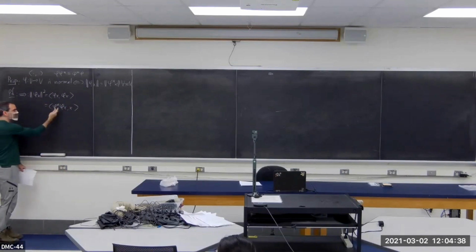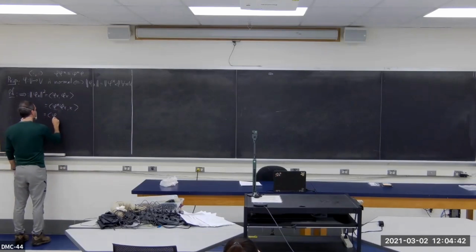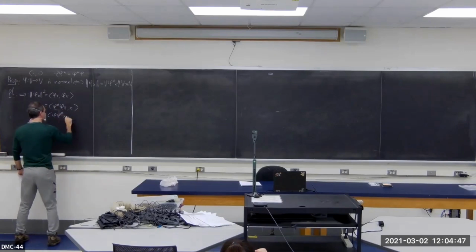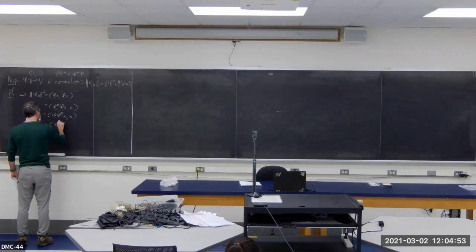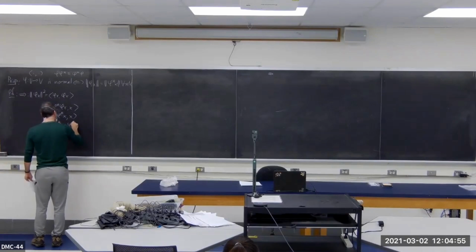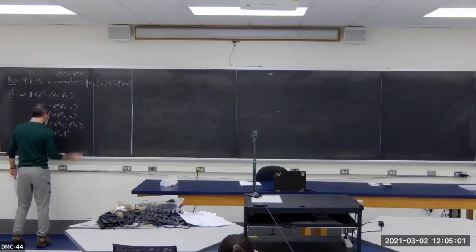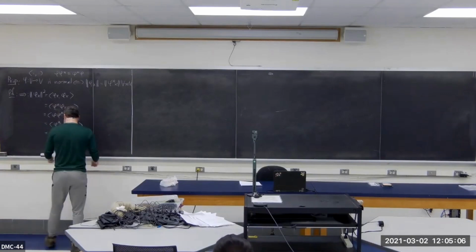But now phi star and phi commute, so that's going to be the same thing as phi phi star x paired with x, which is the same thing, now moving that phi back over, as phi star x paired with phi star x, which is the length squared of phi star x. It's really very simple, that direction is.